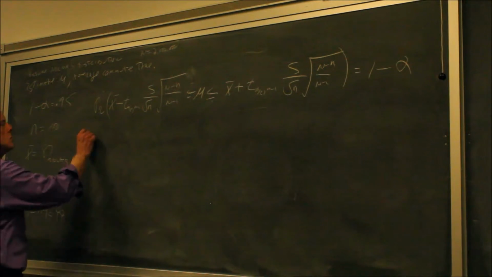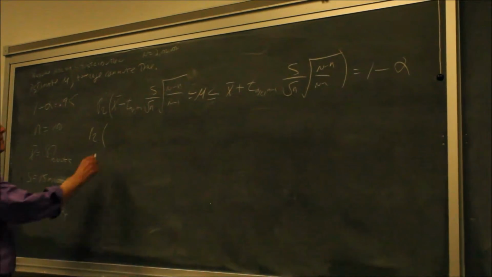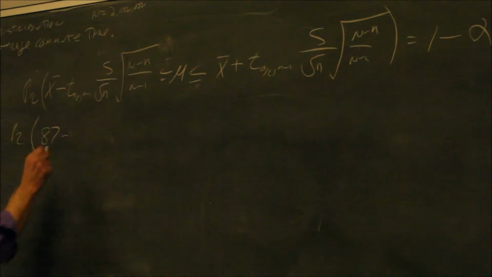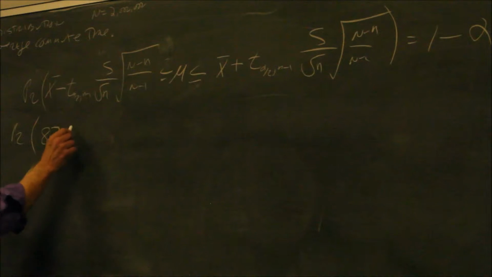And so it says probability, X bar. What's X bar? 87. That's what it was before. And T, we did T. What did we say it was? 1.984, correct?